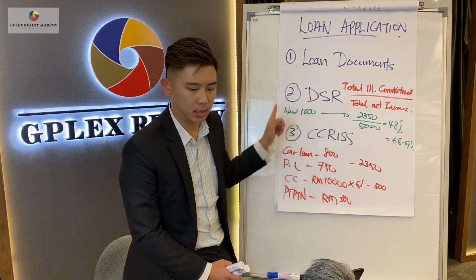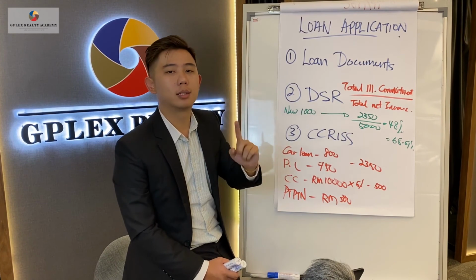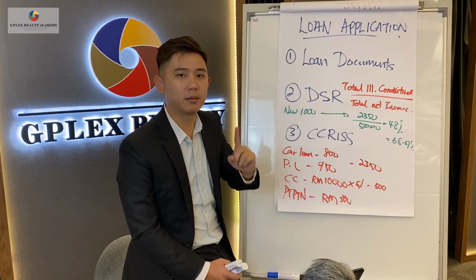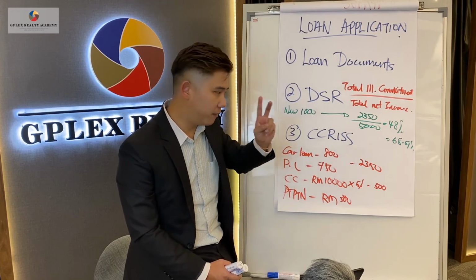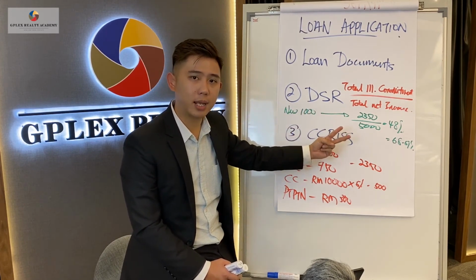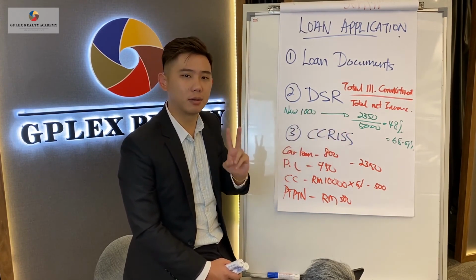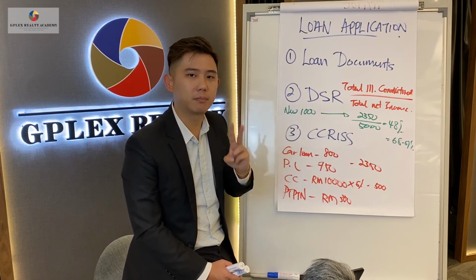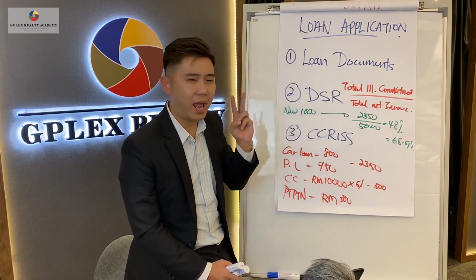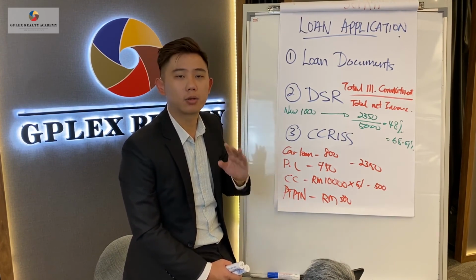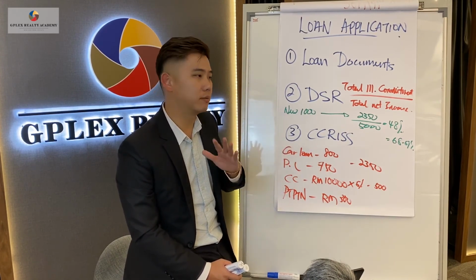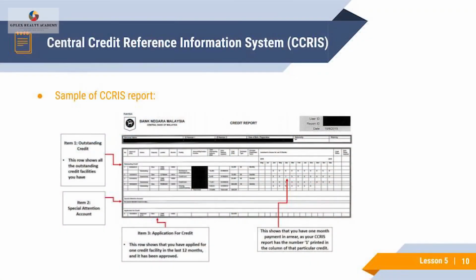It means you owe the bank, and you were late in payment for 1 month. If there is a 2, then you had 2 months of late payment. Anything above 2, you cannot get a loan already. You are considered blacklisted. If you have 3 in this report, you cannot get a loan.